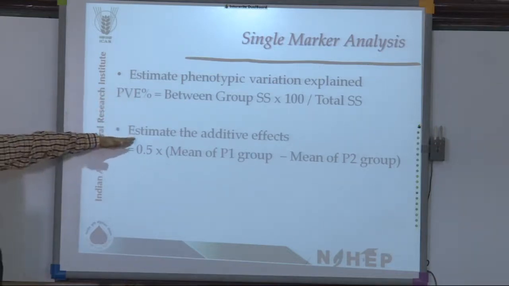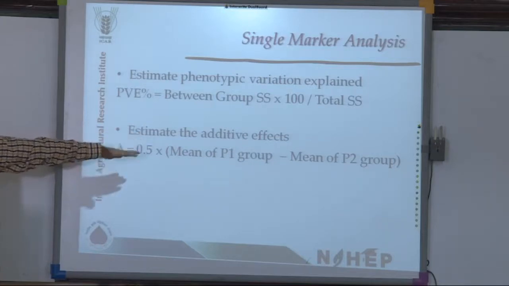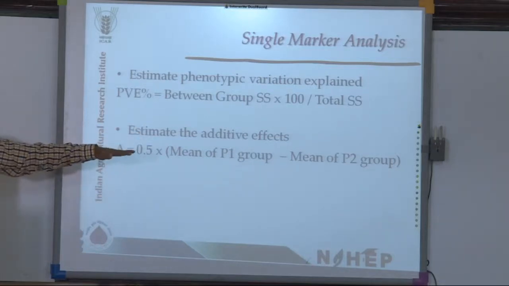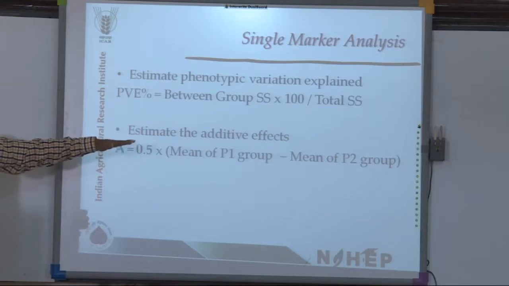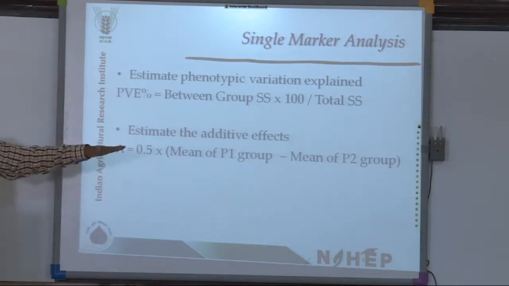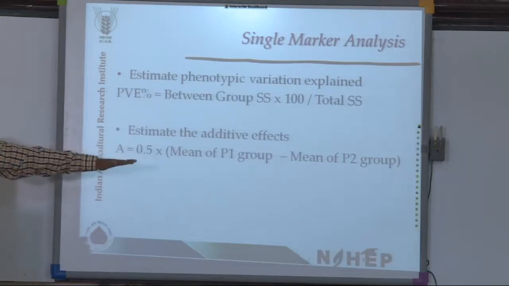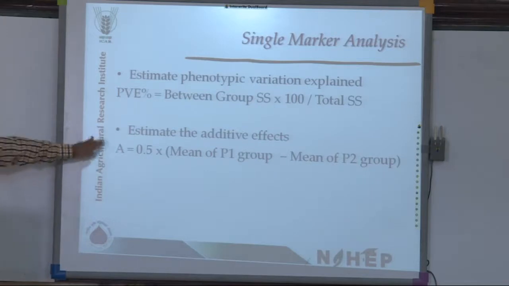Second one is estimation of additive effect, where you take the average of the parent 1, take the average of the parent 2 group, subtract them and divide by 2, or multiply with half, and you will get the additive value, that means the contribution of a particular allele towards the trait.